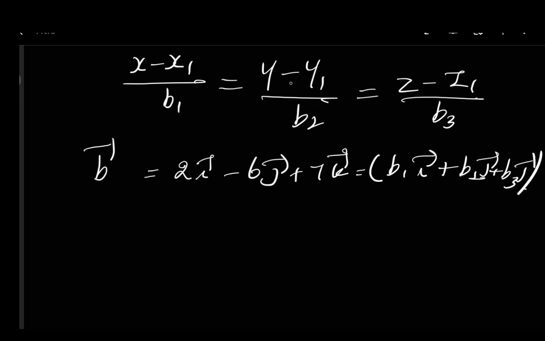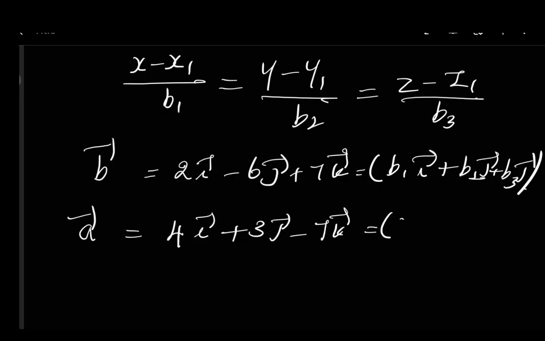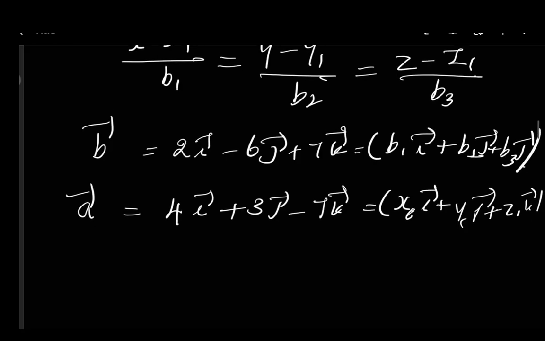So what are these x1, y1, z1? It's a point, vector a, the point through which the line passes: 4i plus 3j minus 7k. This is our x1i plus y1j plus z1k. So just write this.